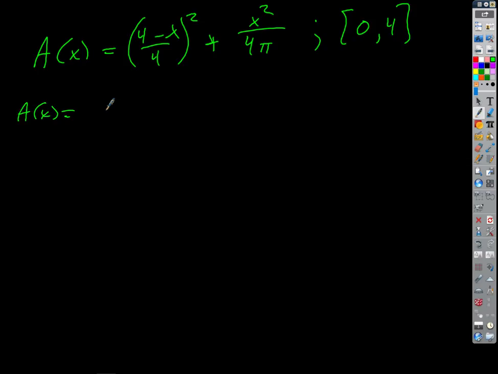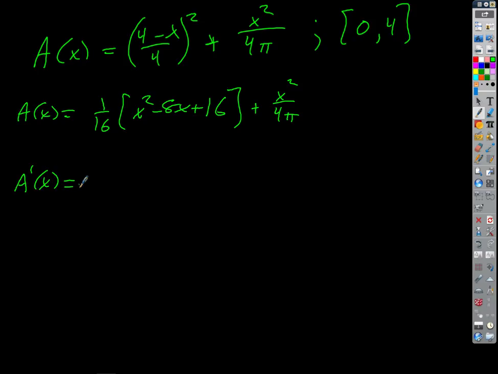So I end up with 1/16 times x squared minus 8x plus 16, if I square out the top. Right. Everybody okay with that? So I'm just gonna differentiate then.